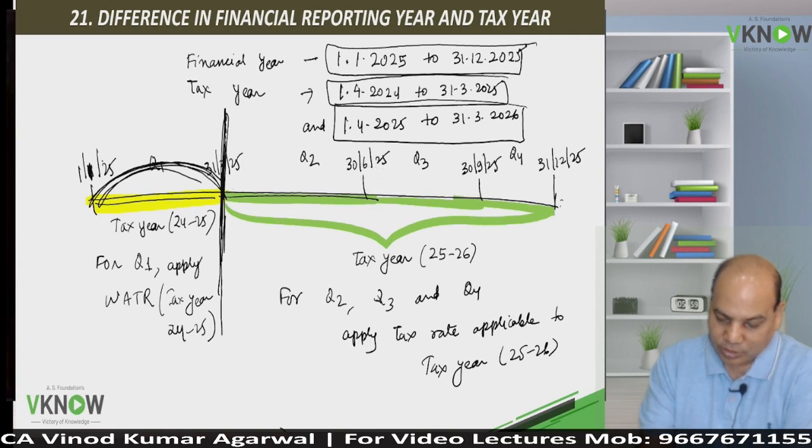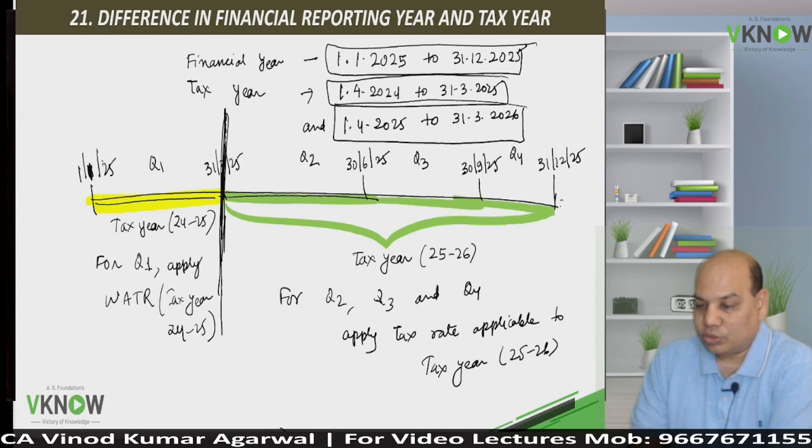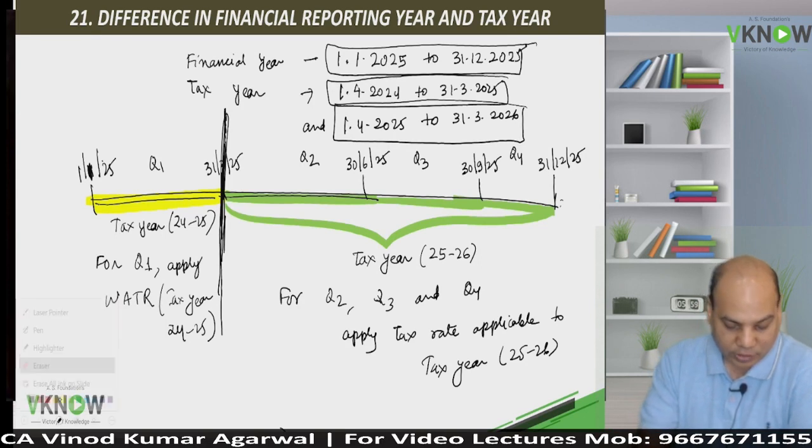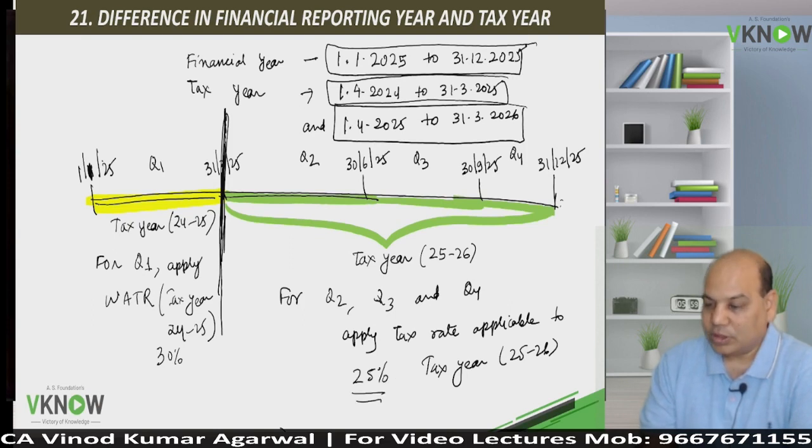So the note says when an entity's accounting year is not same as the tax year, this example on the screen, more than one tax rate might apply during the accounting year. For example, here we may have 30% in the first tax year and here we may have 25% in the second tax year.